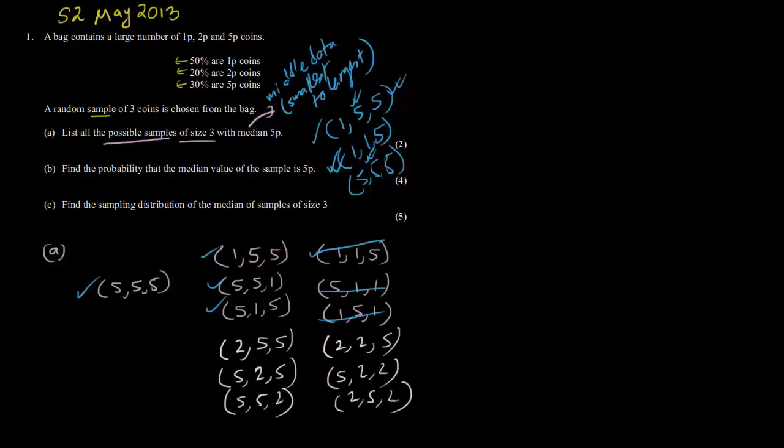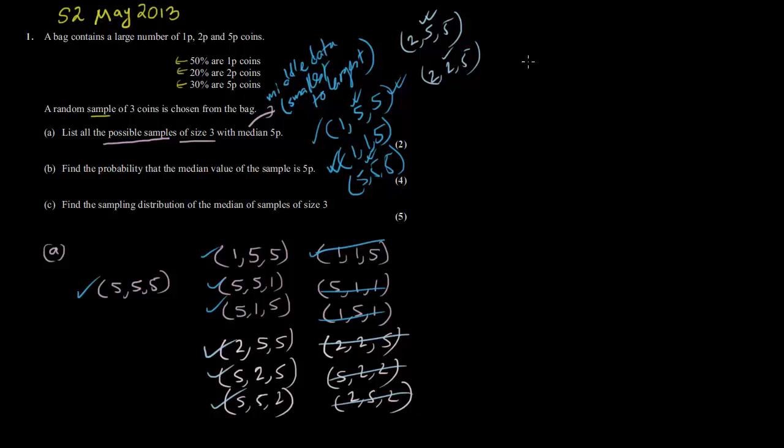So let's check one more time what we have over here. When we arrange it from the smallest to the largest, this would be 2, 5, 5, and the median is 5. Median is the middle data when the data is arranged from smallest to largest. So these three we can use. This is not needed, this is not needed, this is not needed.